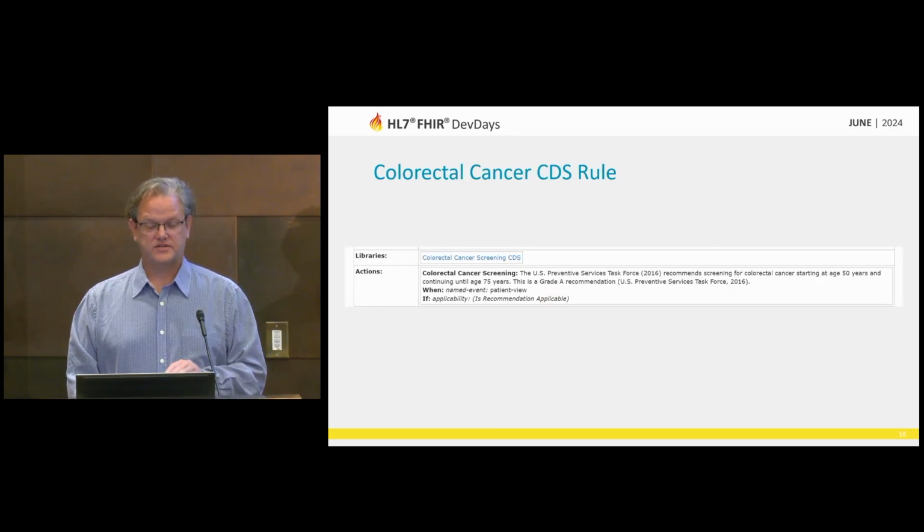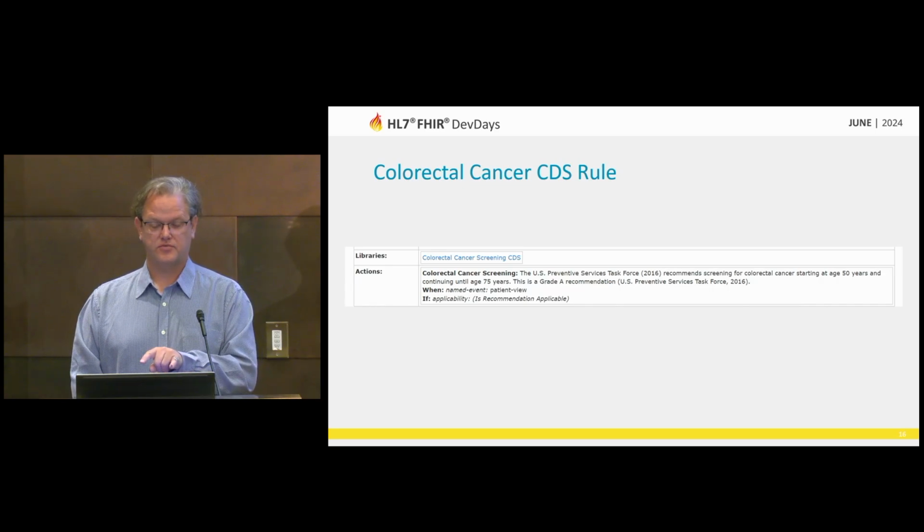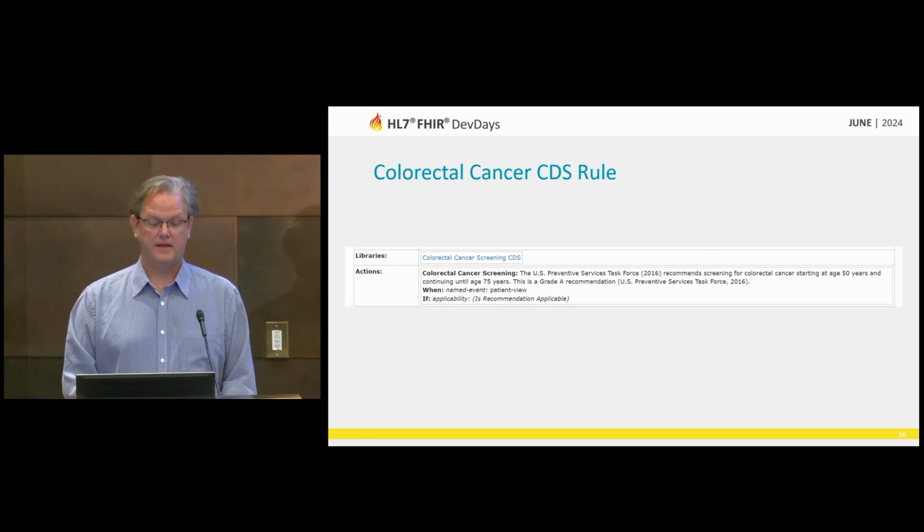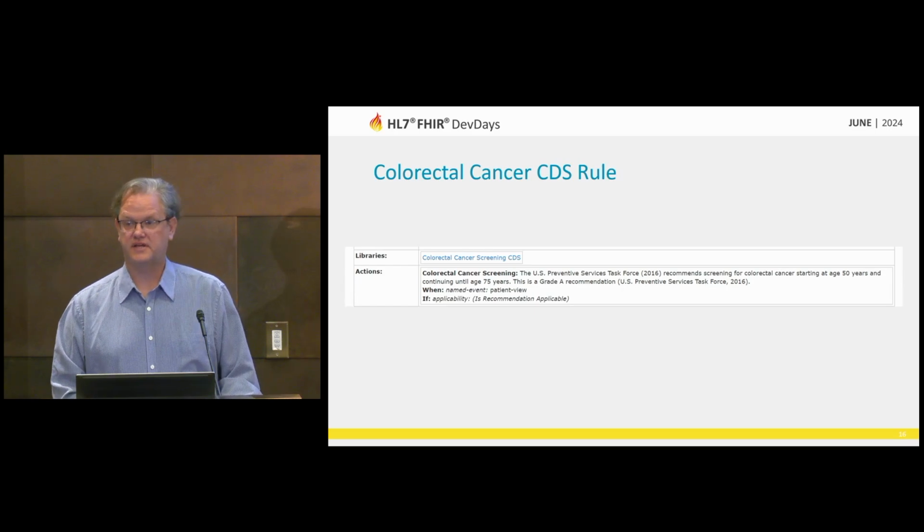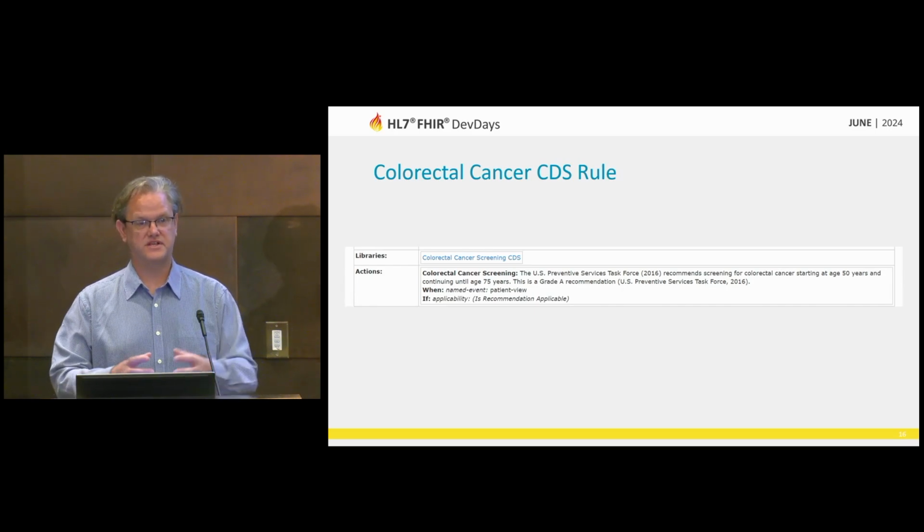So the colorectal cancer CDS rule, this is the rendering of that plan definition in that implementation guide that we're looking at. So the first thing is that it's got a reference to the library, that colorectal cancer screening CDS library. That's a library of CQL that contains the expressions to evaluate. And so the data coming in on the request is handed to the engine.